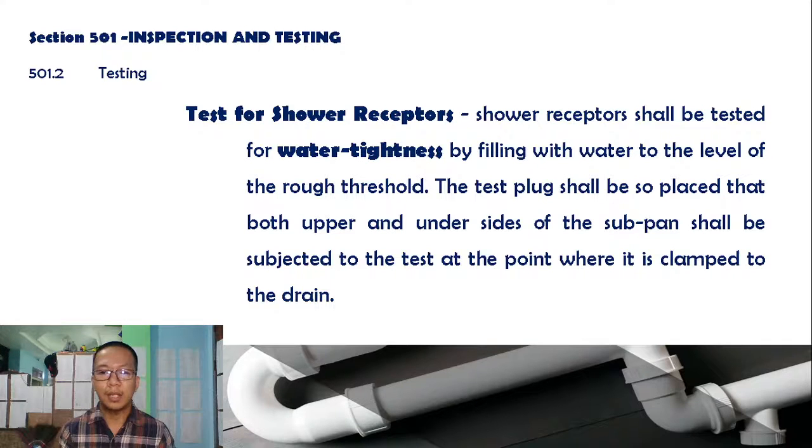Shower receptors shall be tested for water tightness by filling with water to the level of the rough threshold. The test plug shall be so placed that both upper and undersides of the sub-pan shall be subjected to the test at the point where it is clamped to the drain.